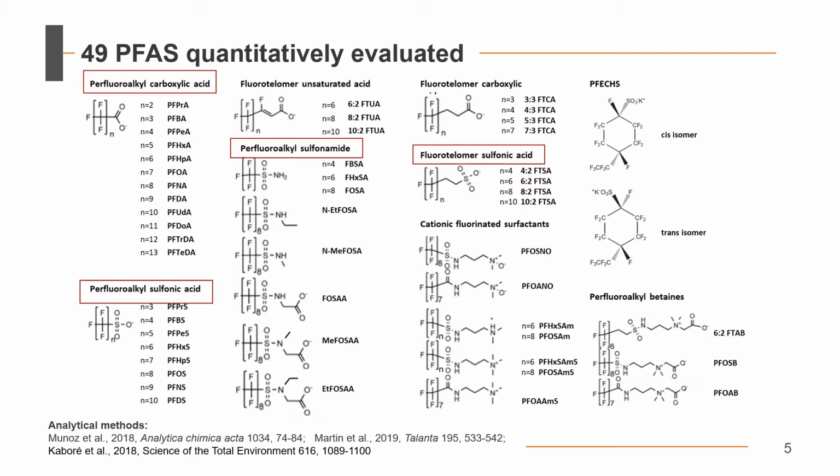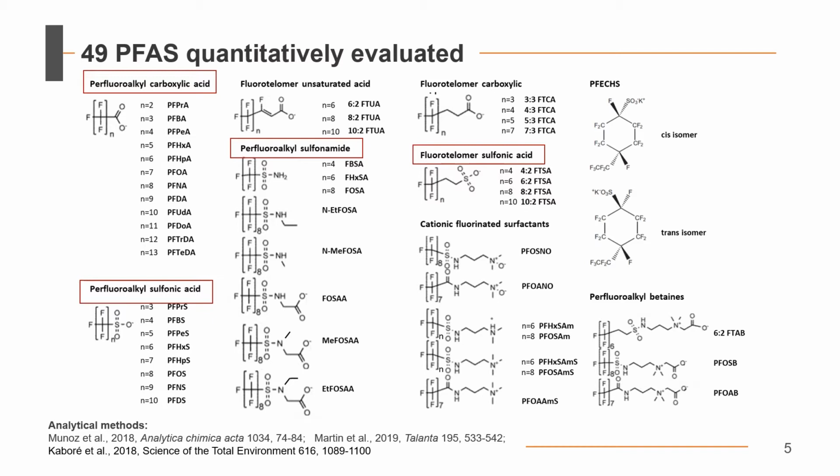In this particular work, we measured a total of 49 PFAS for which we have authentic standards. No matter which list you're looking at, whether it's US EPA 24, or the ASTM method for soil, 32 or 29, this list is broader, so it covers all those analytes.